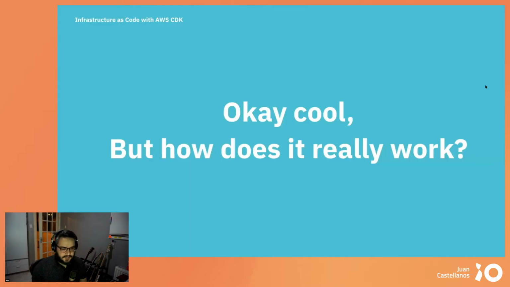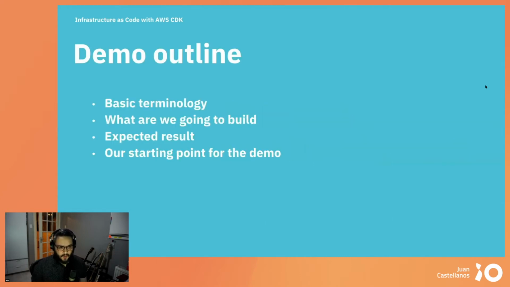So, okay, cool. This sounds really cool, but how does it really work? So we're going to do a demo right now to showcase AWS CDK. We're going to deploy some stuff. So let me go over some terminology before I start with the demo, because maybe not everyone knows AWS or its services. So we're going to create a DynamoDB, which is a database.